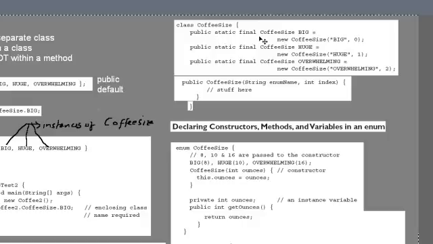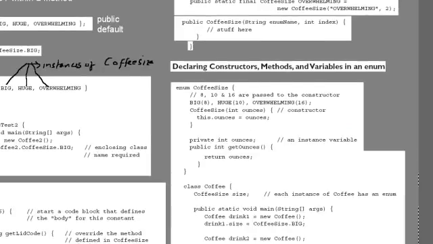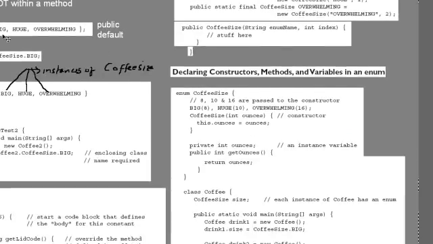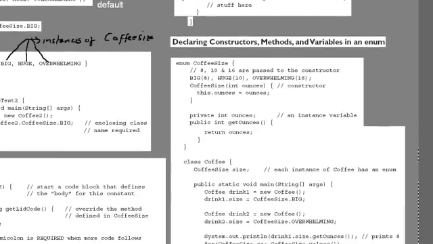I'm sorry, constant CoffeeSize types. So public static final CoffeeSize BIG is new CoffeeSize("BIG", 0), and so on. And then this is a constructor which takes in the enum name as well as the default value given to an enum value.